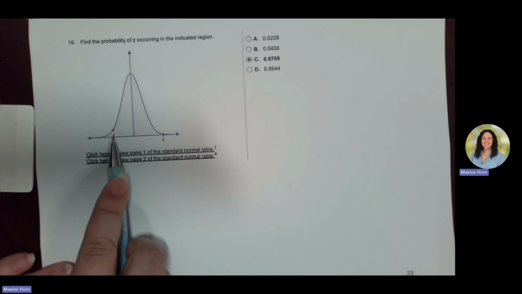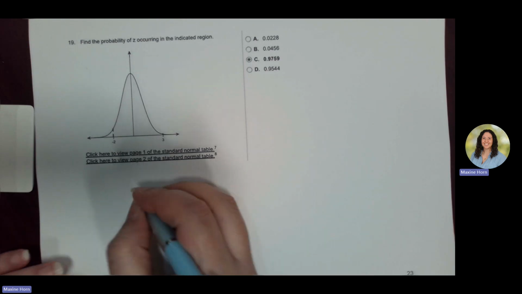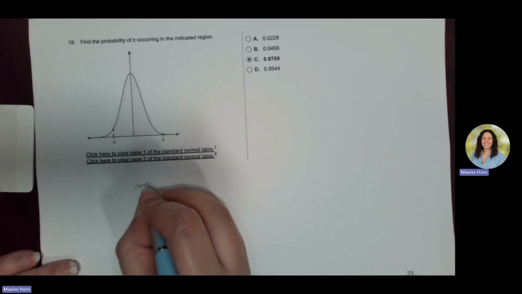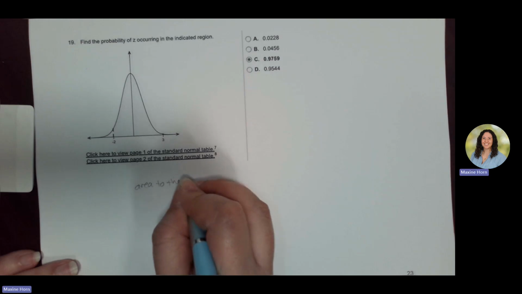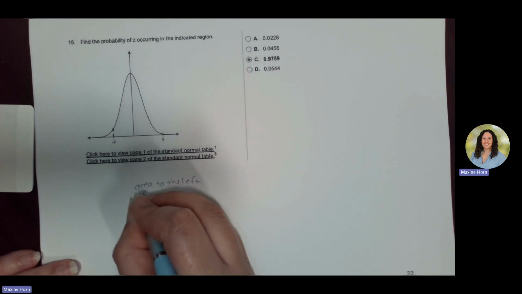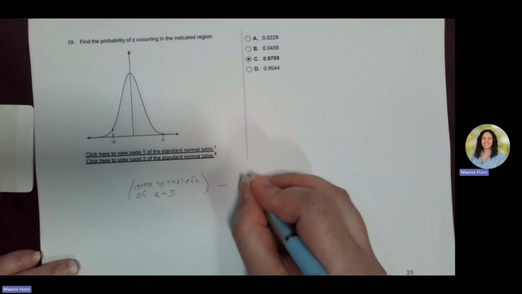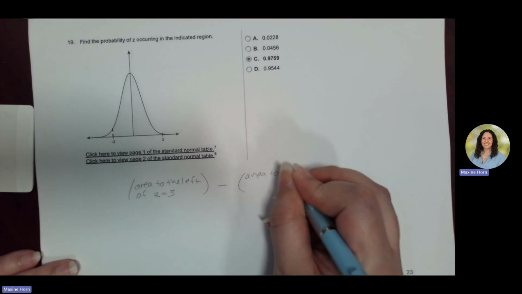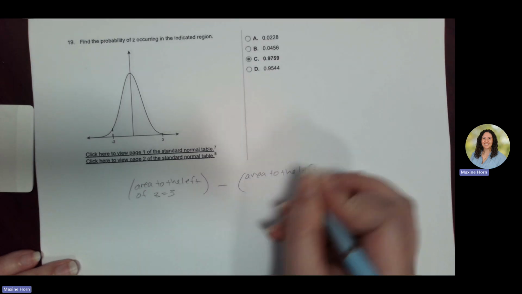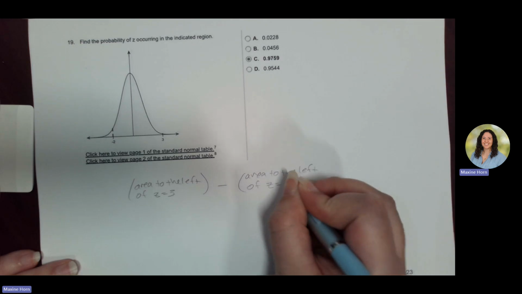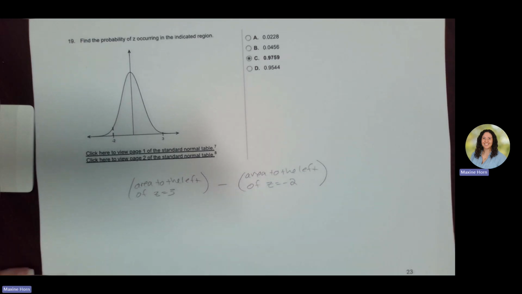And from that, we're going to subtract this area, and that's going to leave us with that. So the area to the left of Z equals 3. From that, we're going to subtract the area to the left of Z equals -2, right?